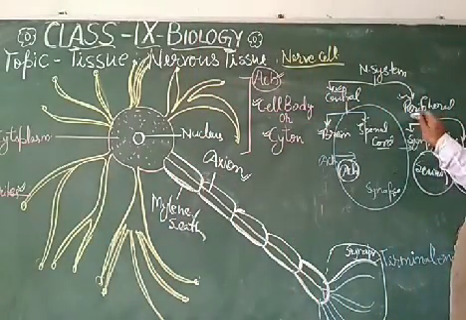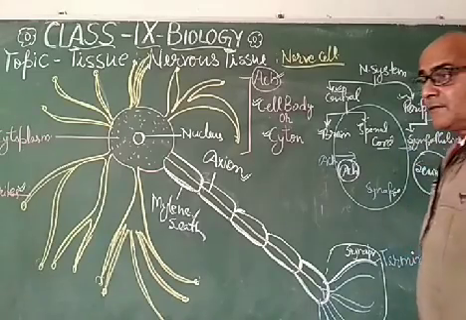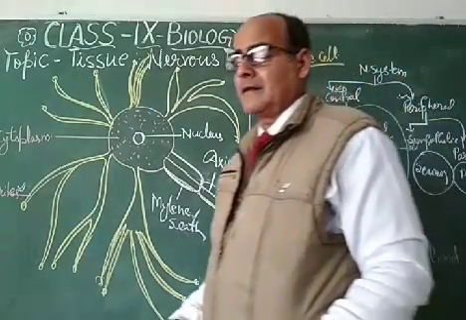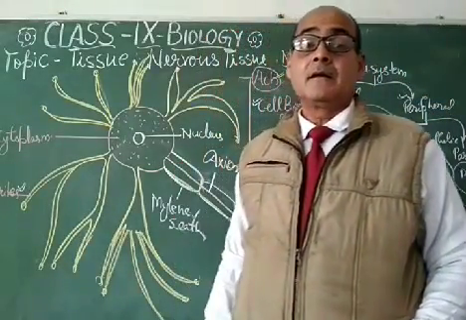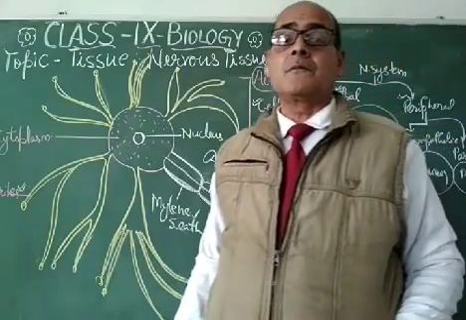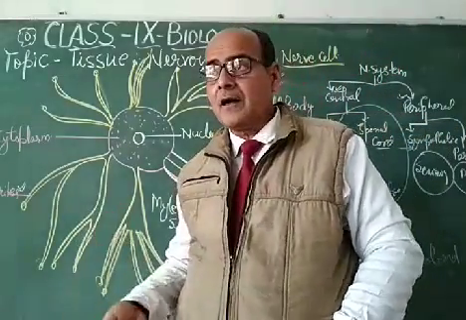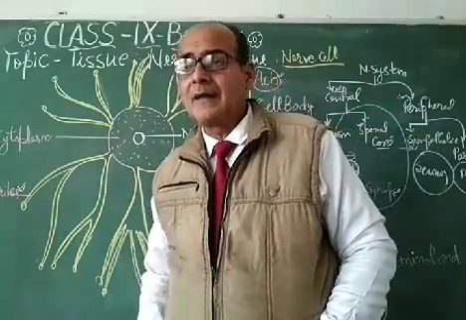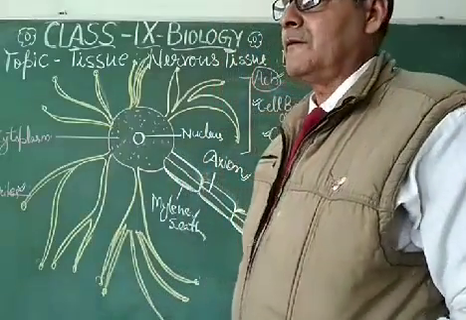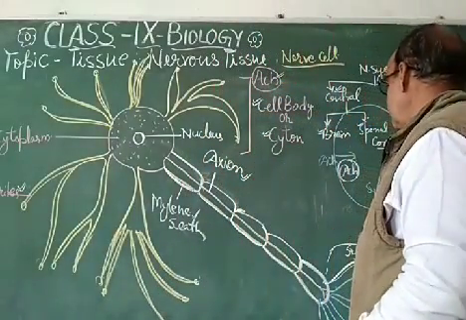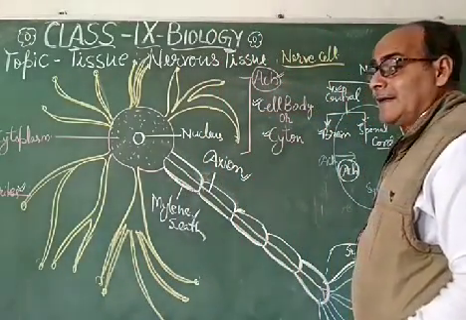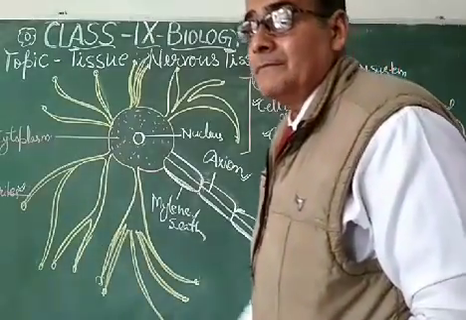What is the role of this peripheral nervous system? Peripheral nervous system is the nervous system of the branches that arise from either the brain or spinal cord, and that is for the control and coordination of different parts of the body. How many types of nerves are there?